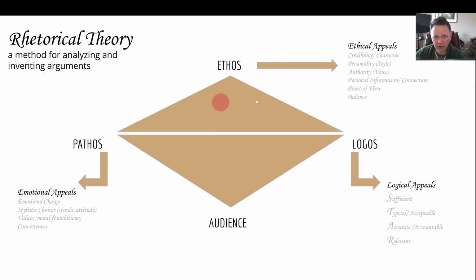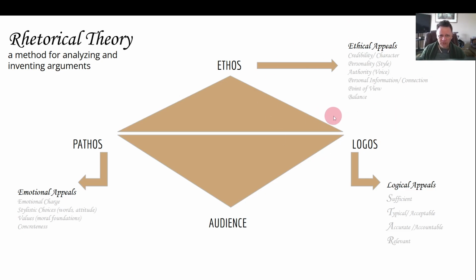We, however, are going to focus for Unit 1 of this class, the opinion essay, on how do I establish my ethos? How do I appeal to my audience in such a way that I can get them to trust me? That is something that rhetorical theory focuses on.